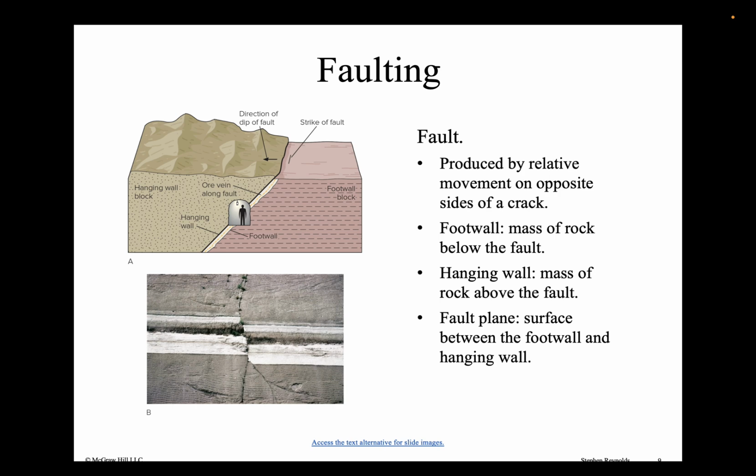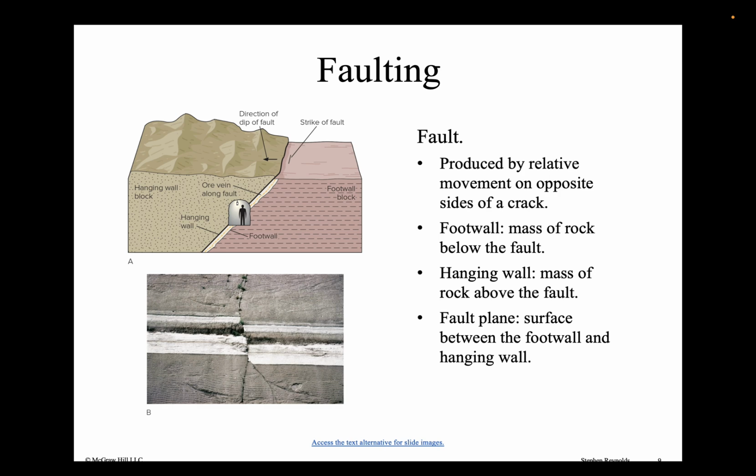A fault is produced by the movement of one block of rock against the other block of rock on its opposite side. Here we have this representation at the bottom figure, where you have two blocks of rocks, and in the middle you have this fault, which is a crack in between that rock.